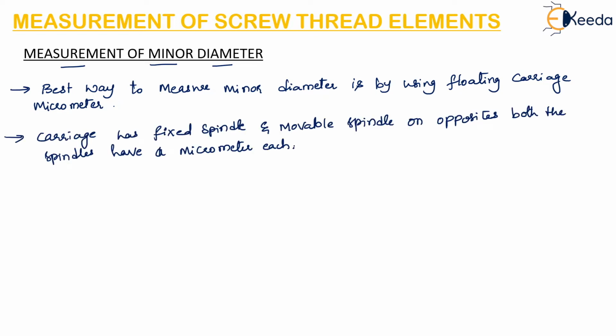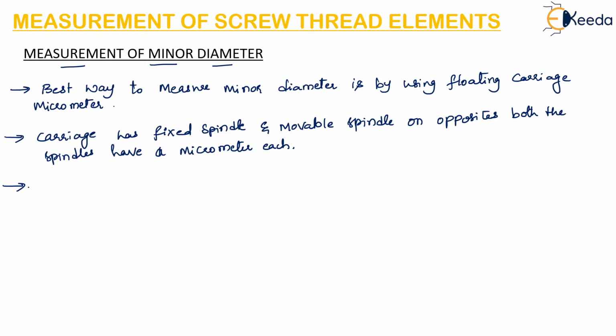The carriage moves on a finely ground V guideway or an anti-frictional guideway to facilitate movement in a direction parallel to the axis of the plug gauge mounted between the centers.